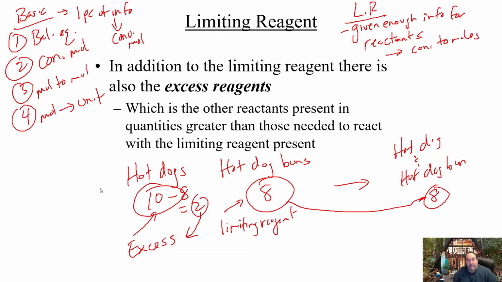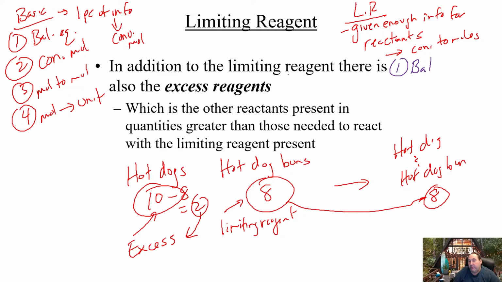So what is the difference in terms of how you would approach a limiting reagent problem versus a basic stoichiometry problem? The good news is you pretty much can just do the same steps.